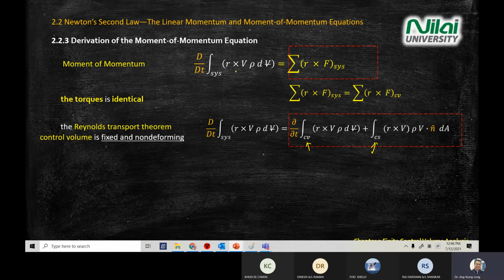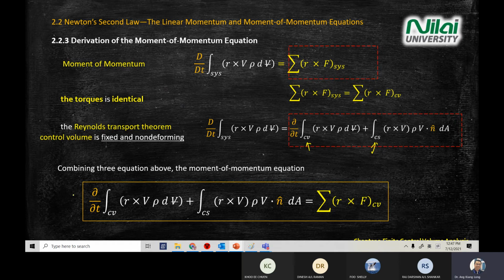The left-hand side of both equations is the same, so we can equate these two boxes together, the first equation in the red box equal to the second. We get the moment of momentum equation, which is useful when you solve problems. You write this equation and you score another 1 mark.